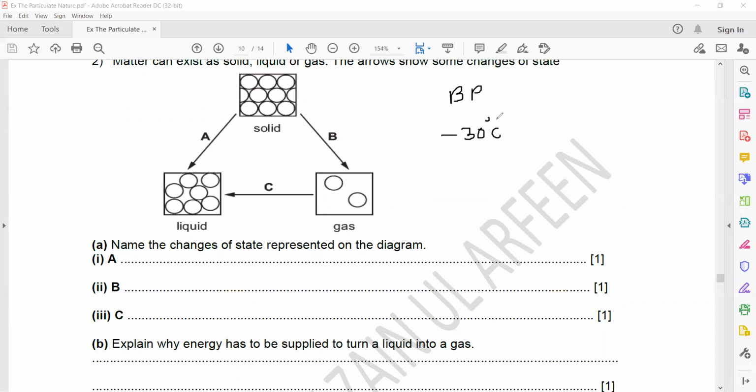So -30 is not a high temperature, it is a low temperature. It depends on why some substances have high melting and boiling points, and some have low boiling points. Take water: the boiling temperature of water is 100. And alcohol: the boiling temperature is 78.